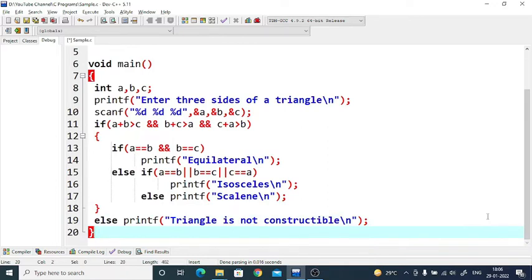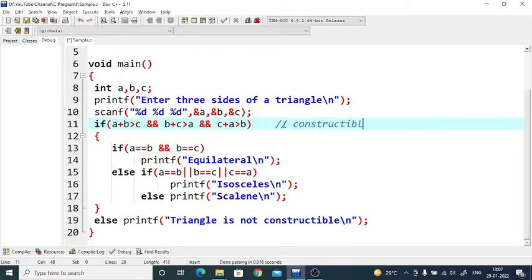Again, a quick recap. We have taken the three sides of a triangle as A, B, C. Then we applied the constructibility criteria, which I can put as a comment: constructibility condition. If that condition is true, the triangle is constructible; else we have written the triangle is not constructible. If the triangle is constructible, we check the type.